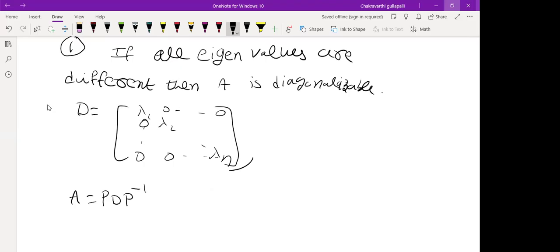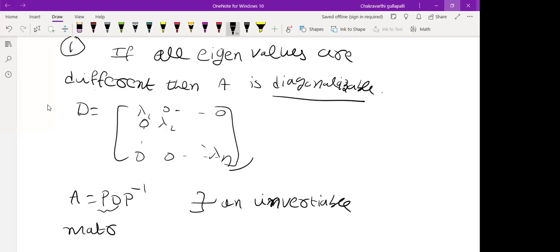So there always exists a non-singular matrix. If it is diagonalizable, there exists an invertible matrix P satisfying the above condition. Then only P inverse exists, with P given by x1, x2, xn.